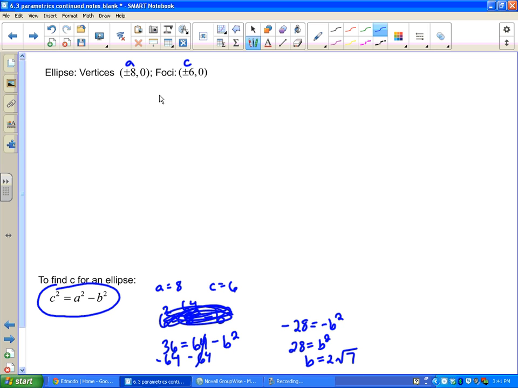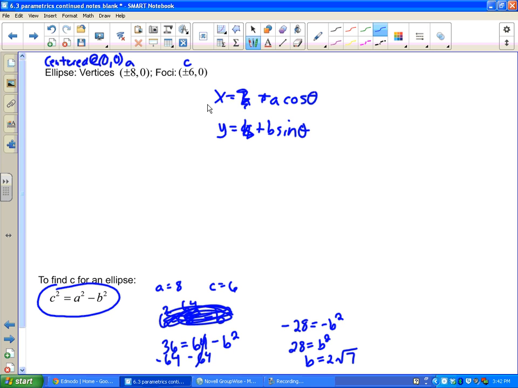So if I am looking at problem number 17, and I want to write this with parametric equations, I'm going to use that, because we know that this ends up being an ellipse. We worked out that that's what it was. Okay, so also the ellipse and the hyperbola are centered at 0, 0, so there's not really going to be an h and a k.